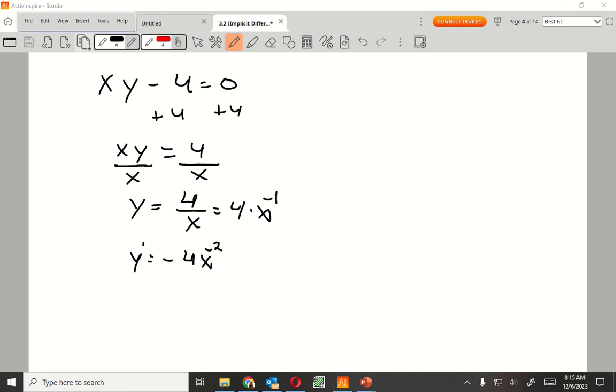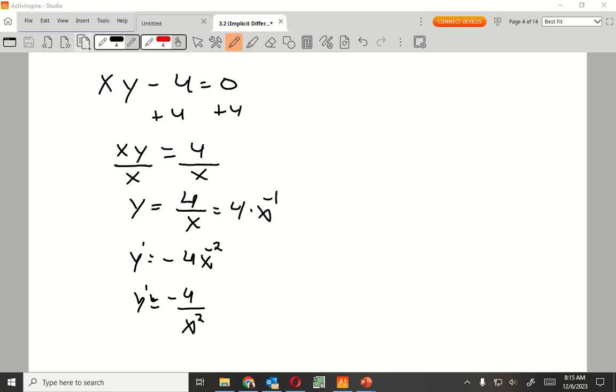Okay. All right, so from here, I can rearrange it to make it look a little bit better. So now this is y prime is equal to negative 4 over x squared.